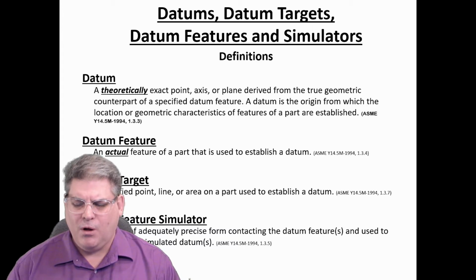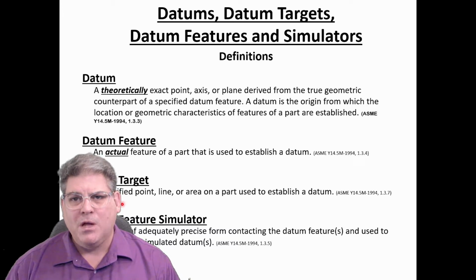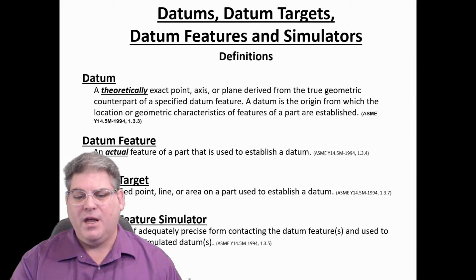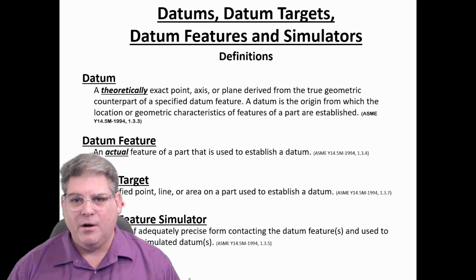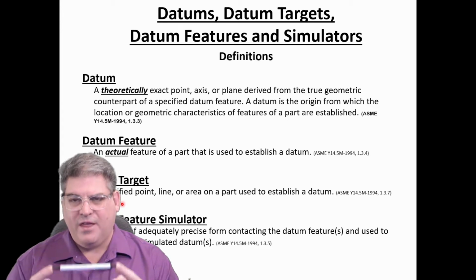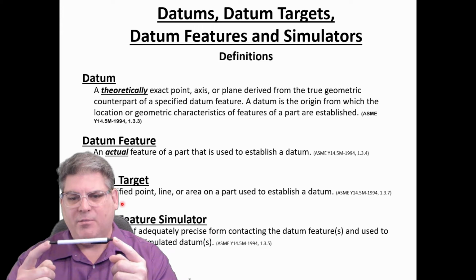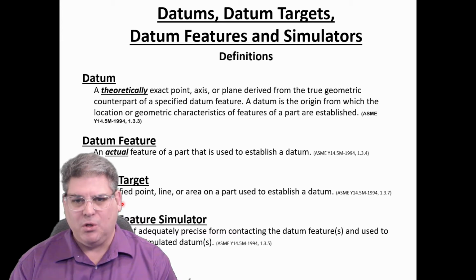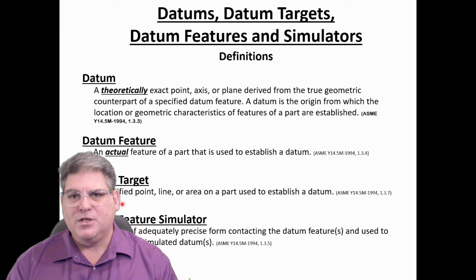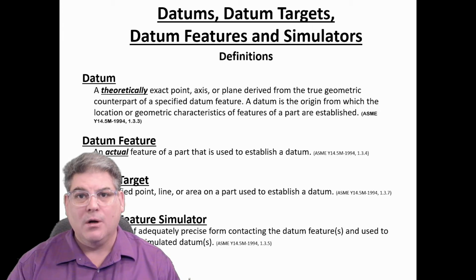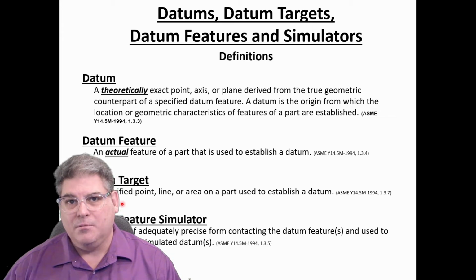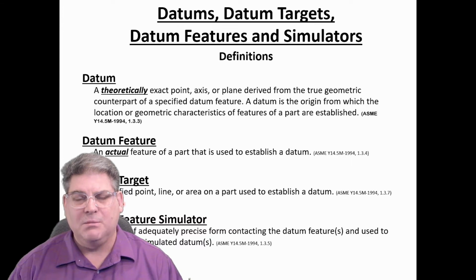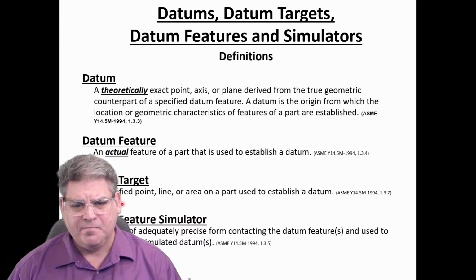Now, a datum feature, I said when we were talking about runout, it becomes a little bit difficult to do, and that's because we actually need a datum feature simulator. Okay, so in that case, the axis that runs through the center of my pen would be the datum, and well, we can't actually measure that, and we can't actually pin our part to our fixture that way. We need to make some assumptions and some simulations.